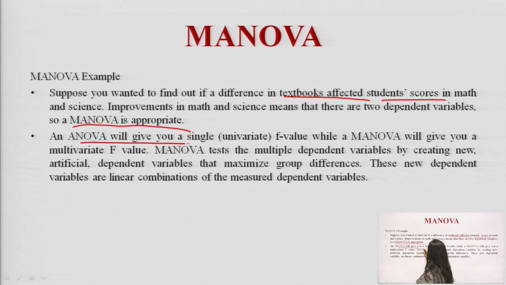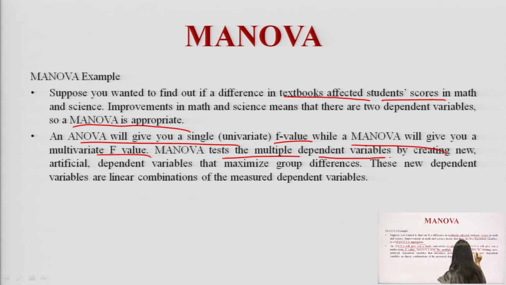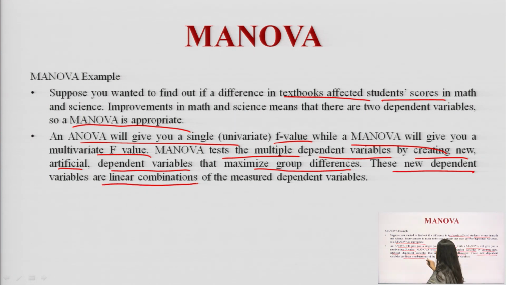ANOVA will give you only one significant F value, but MANOVA will give you multiple F values, and MANOVA tests the multiple dependent variables by creating new or artificial dependent variables that have the maximum group difference, and these new dependent variables are linearly combined with the measurements of the dependent variables.